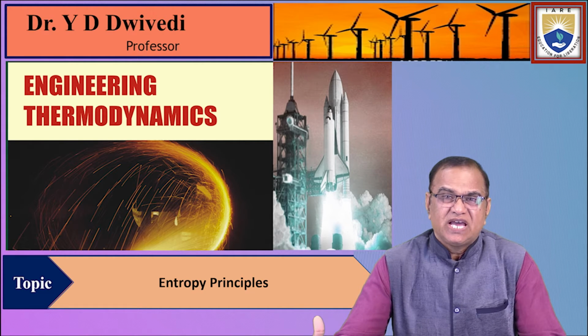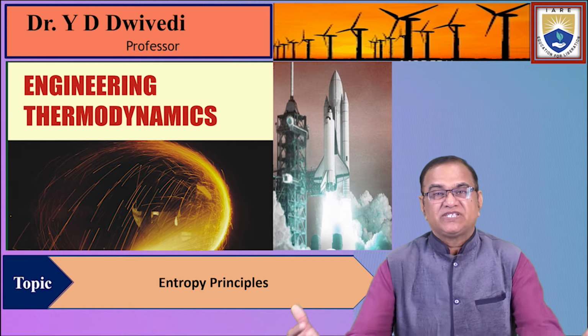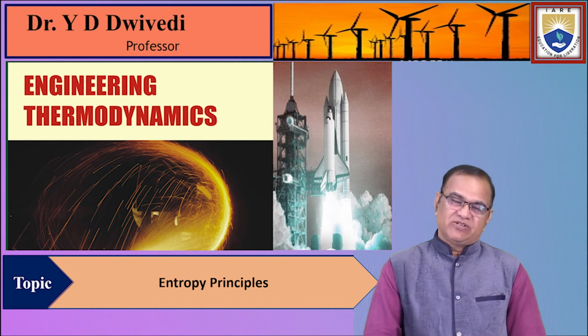Then we have seen the Clausius inequality, in which the cyclic integration of del Q by T should be less than or equal to 0 for any working cycle. If it is 0, it is a reversible cycle.